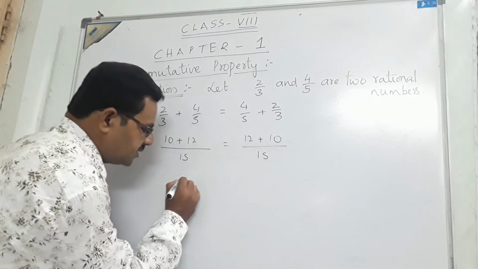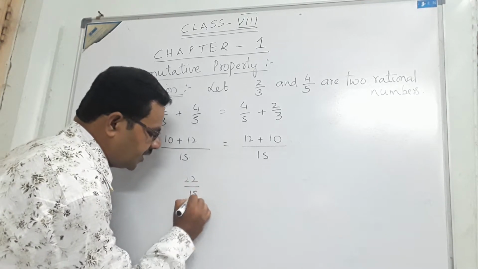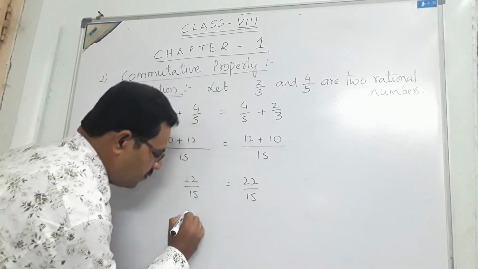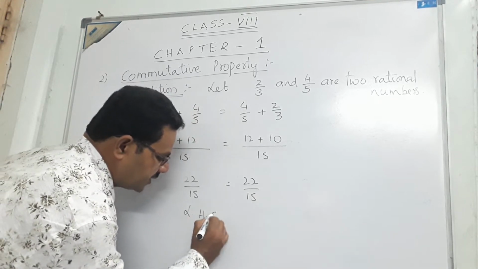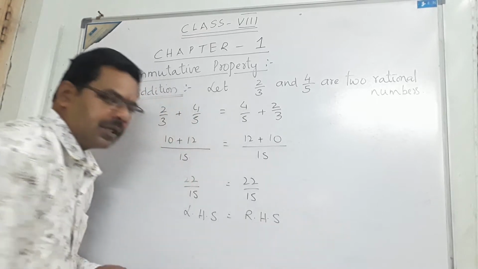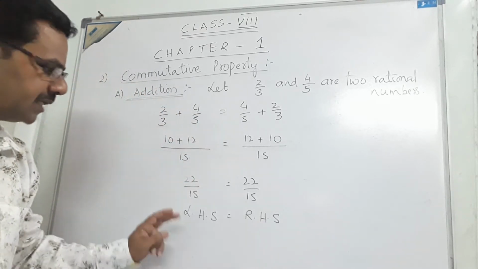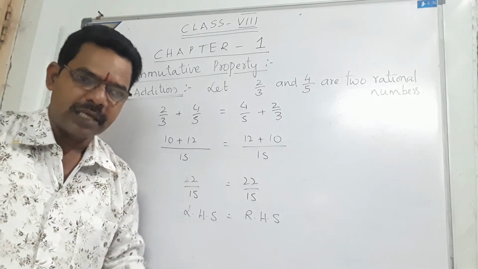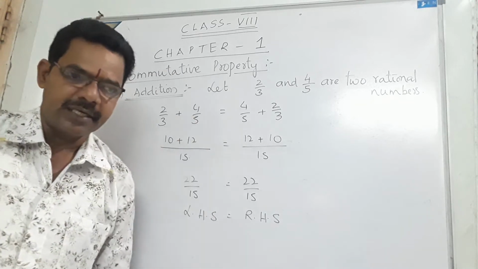So 10 plus 12 is equal to 22 by 15 is equal to 22 by 15. So now we got the left hand side equal to the right hand side. So both are equal. Now we can say this commutative property is followed in rational numbers under addition.